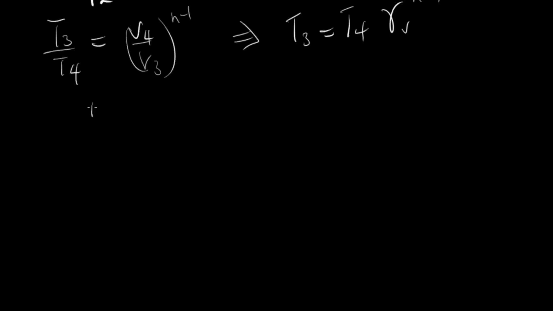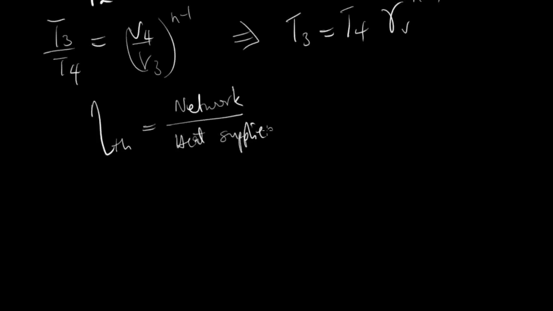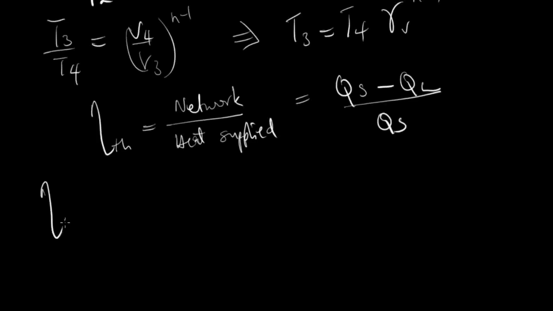Now remember that we said that cycle thermal efficiency is net work over heat supplied, which is Qs minus Qm all over Qs.